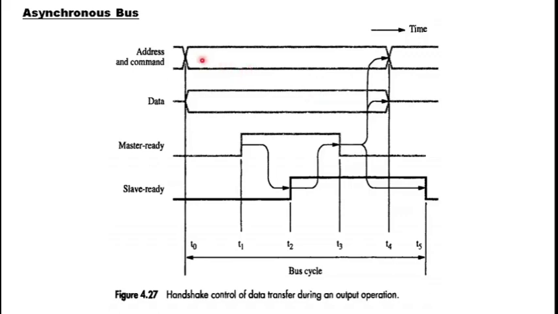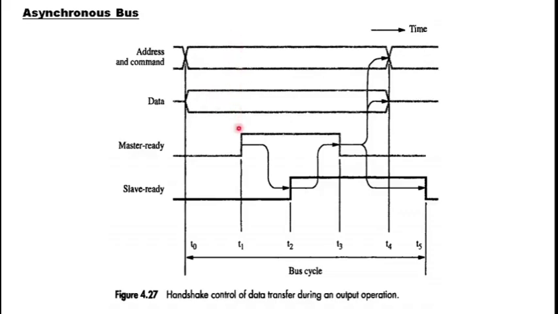So once again address and command information is put by the master at T0 along with the data to be given to the slave. The master will let the address and command information as well as the data stabilize across the bus, so that all the slaves get a uniform view of address, command and data, to avoid the skew.